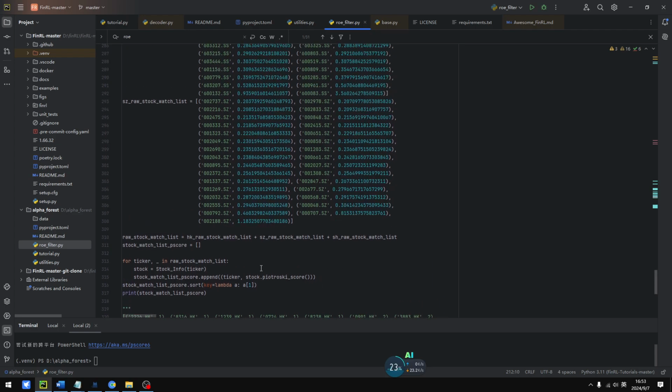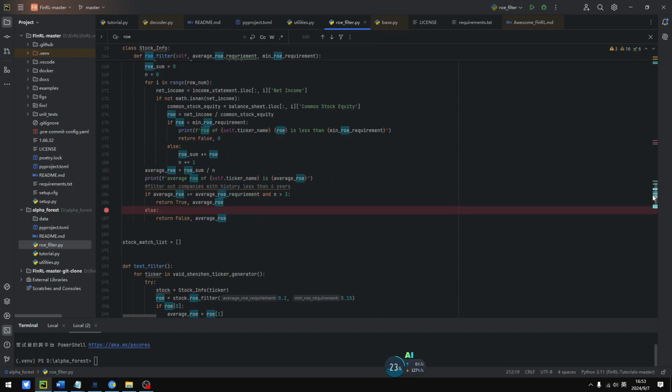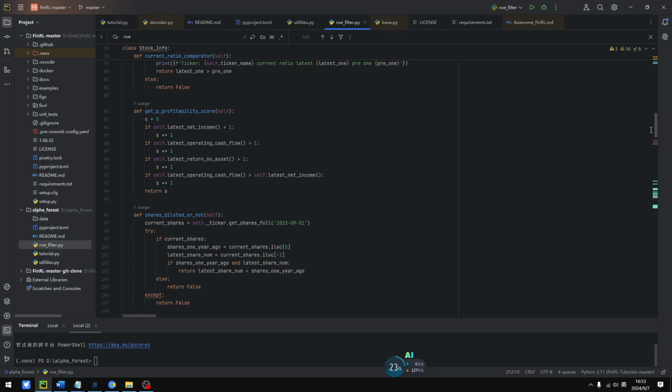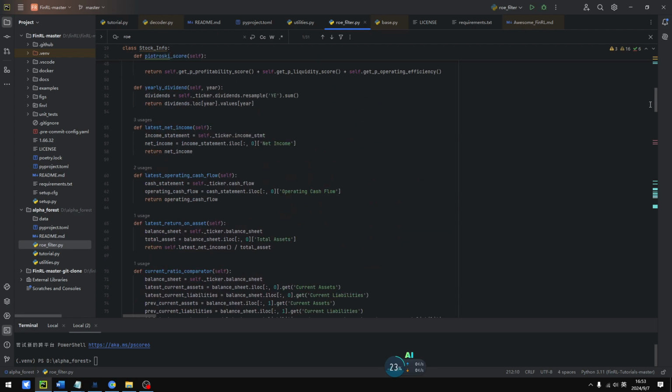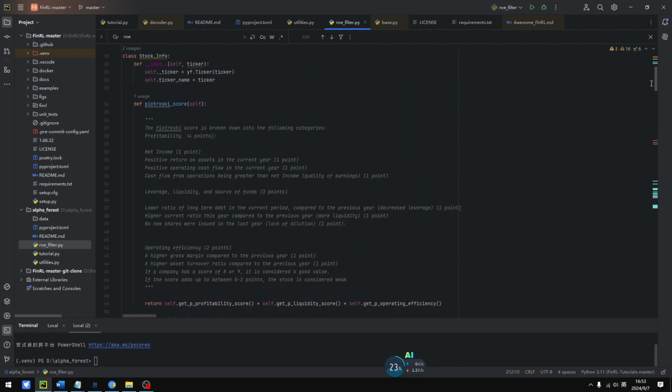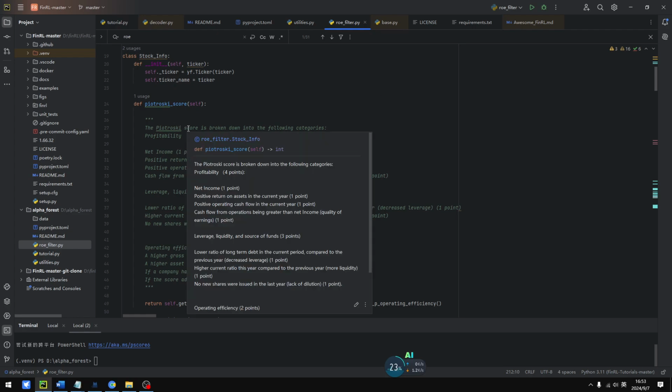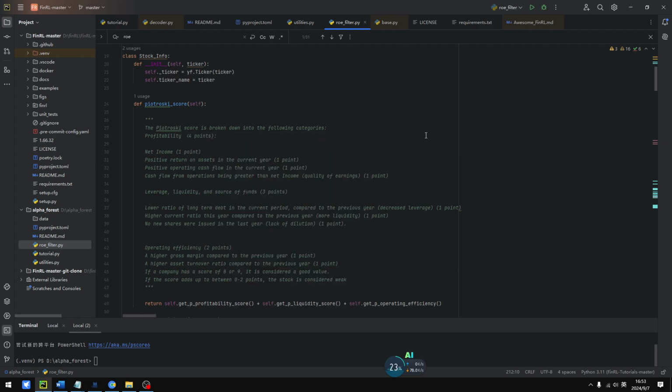And after that, I will use the Piotroski score to rank all those stocks. So let's try to go over the Piotroski score. The Piotroski score is broken down into the following categories: profitability, leverage, liquidity and source of funds, and operating efficiency.